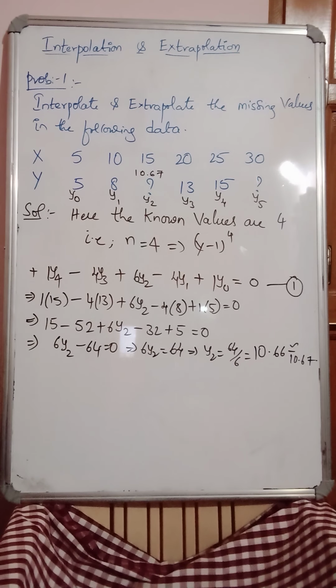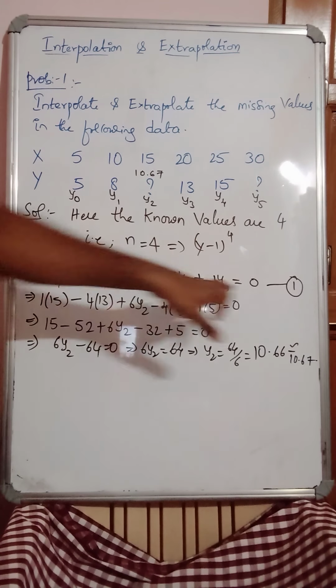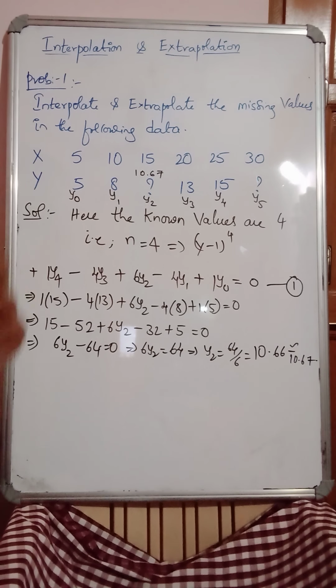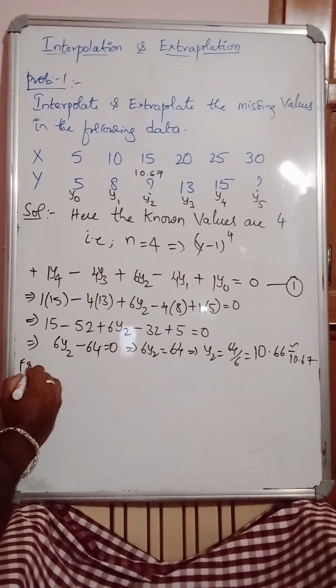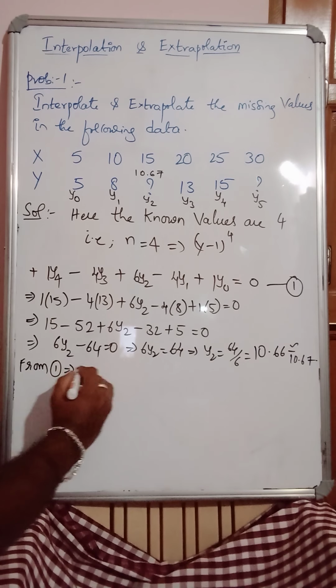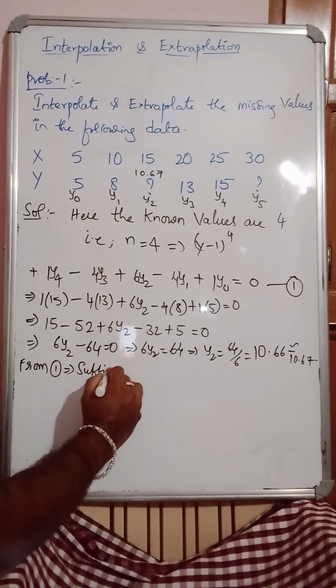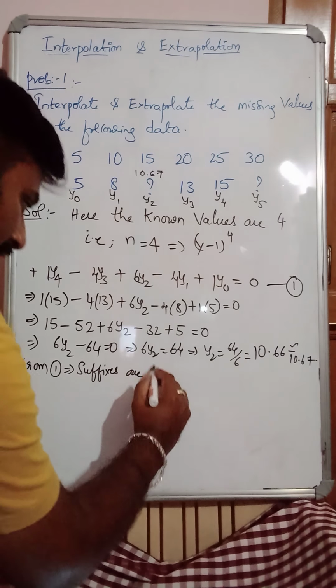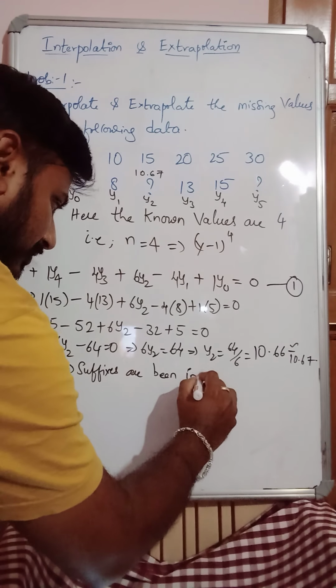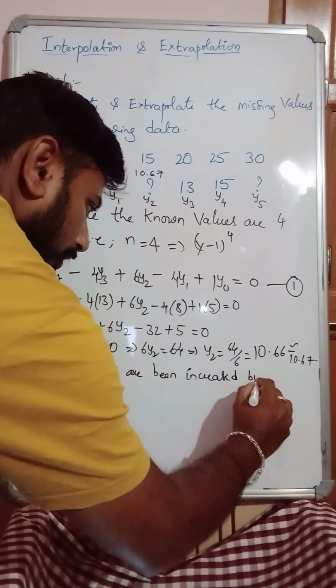Another simplest way I have explained to you is that from equation 1, the suffix has to be increased by 1 in the entries. I mean y4, y3, y2, y1, y0 you have made, right? In equation number 1. Now, here the suffix has to be increased by 1.